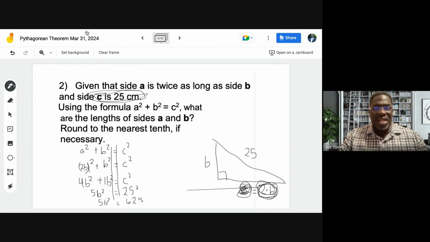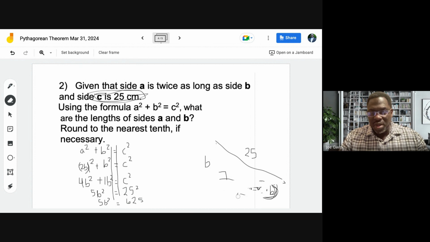Not done yet. Let's get rid of this so we can have some more room to work.